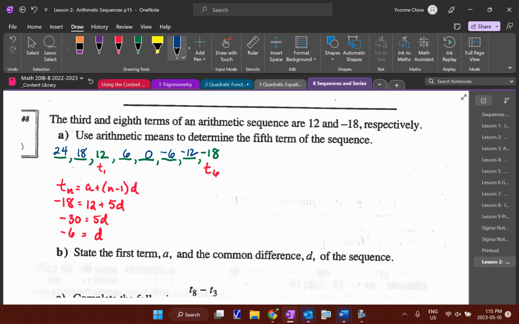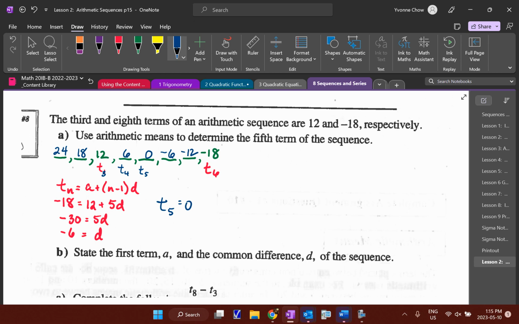The other option is to, oh, sorry, I should answer the question. Determine the 5th term of the sequence. So I can't use my temporary term 5. I need to say, okay, remember, this is actually term 3, term 4, and term 5. So the actual term 5 is 0 then.